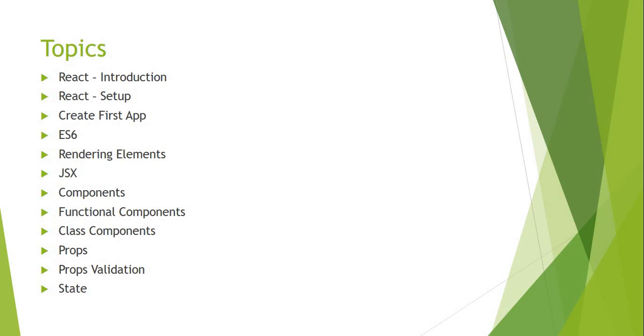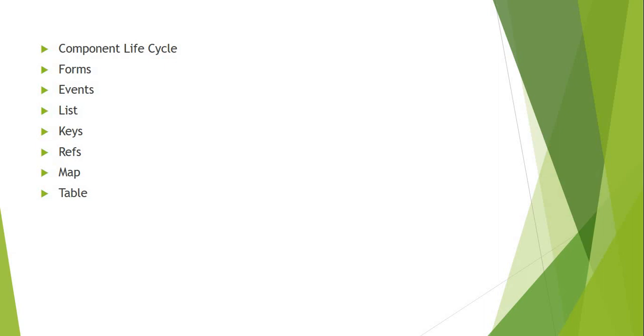So we will talk more about state. After that we will discuss the life cycle of a component, from component creation to destruction of the component. In between we will discuss all the phases of the component life cycle.